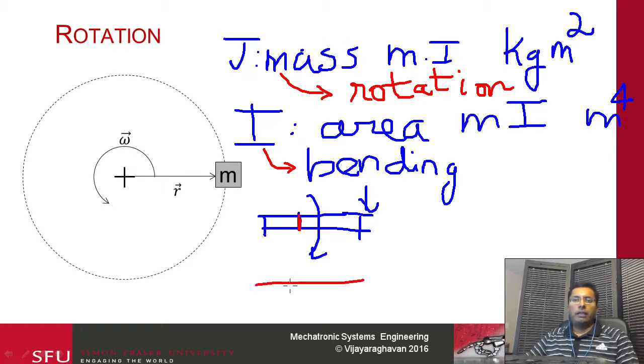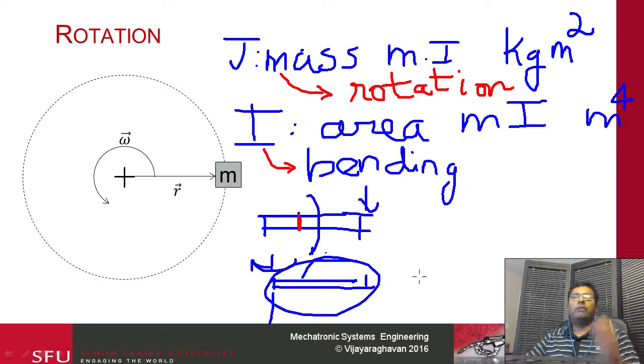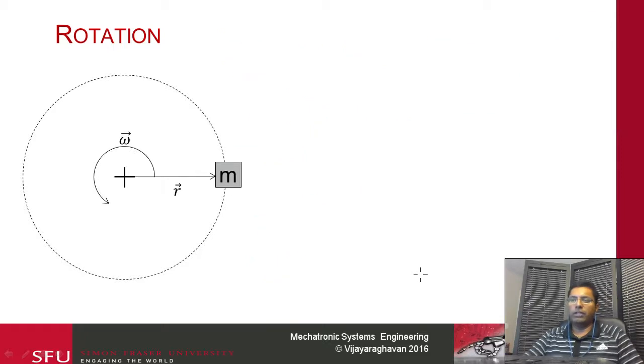And if the same beam is rotating about an axis, say an axis coming out of the screen, rotating like this, then you would also calculate the mass moment of inertia of the beam. So the same object can have both the area moment of inertia and the mass moment of inertia.